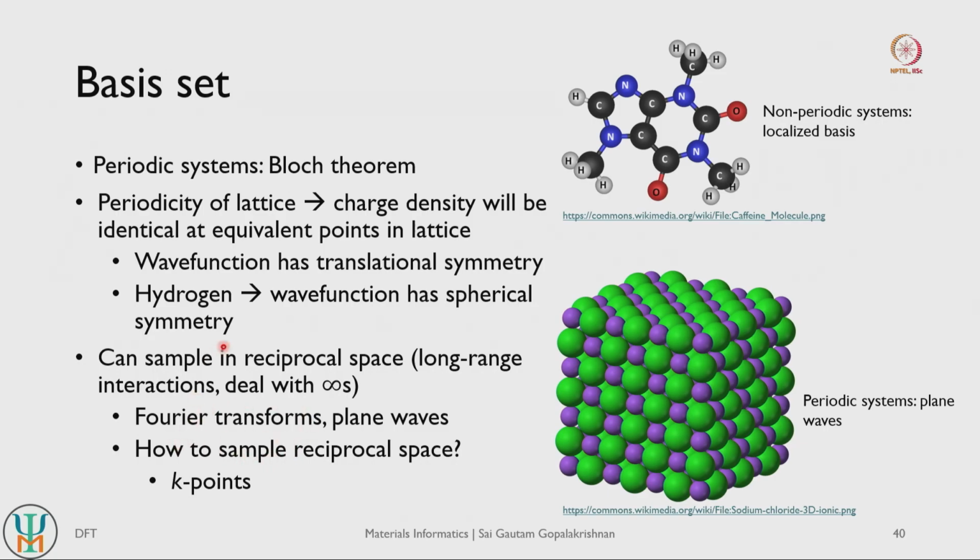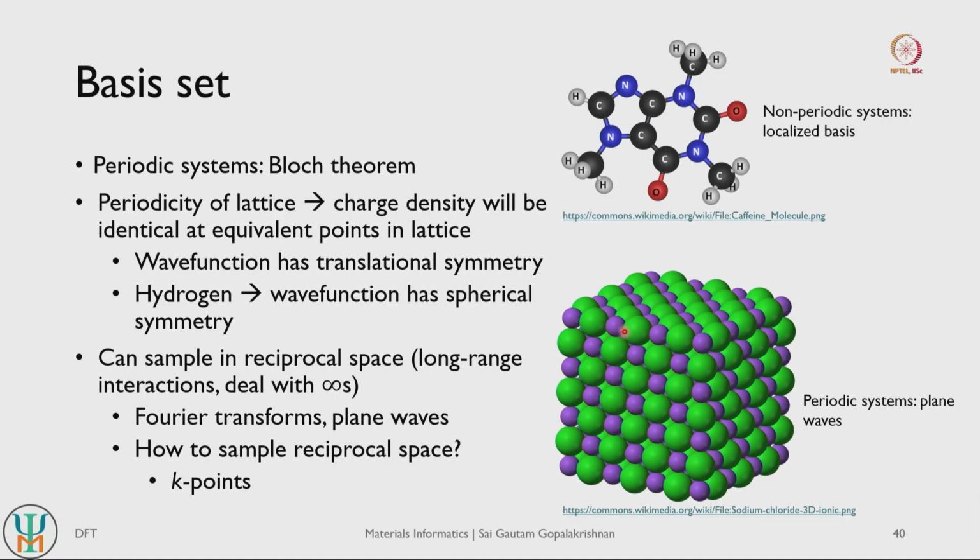So in most practical settings, whenever we use periodic systems, we use plane waves to represent these periodic systems, and we almost always split the sampling of our charge density into real space as well as reciprocal space. So for interactions with nearest neighbors, for example for this sodium interacting with its nearby chlorine atoms, we model or sample these interactions in real space.